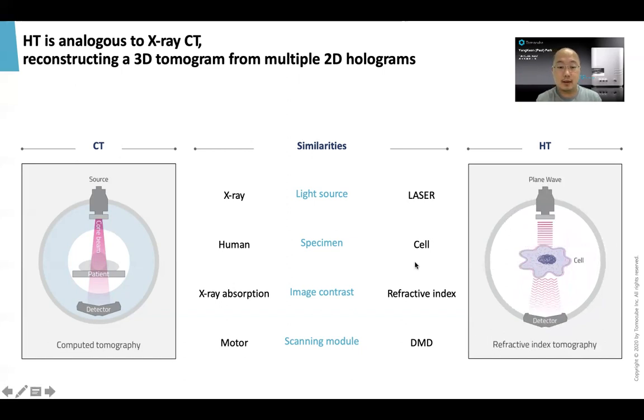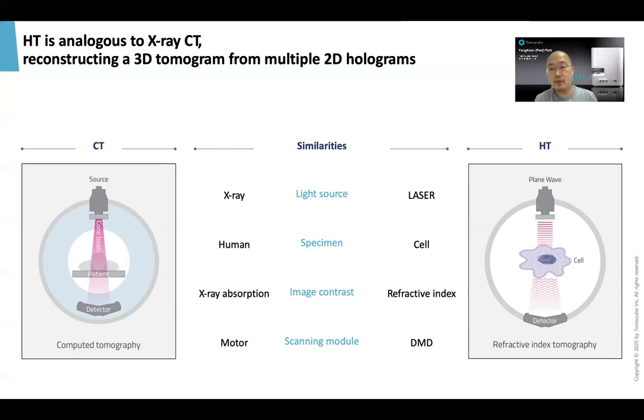The difference between X-ray CT and HT is that X-ray CT provides the X-ray absorptivity as the imaging contrast, whereas HT provides refractive index distribution as its intrinsic imaging contrast.